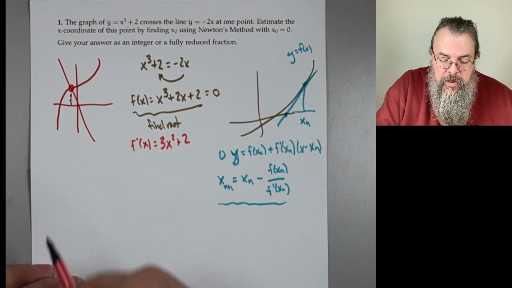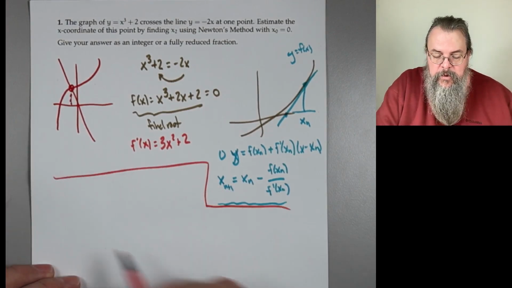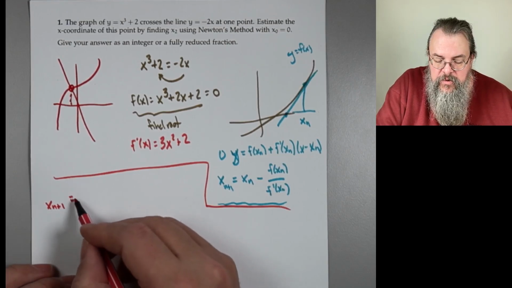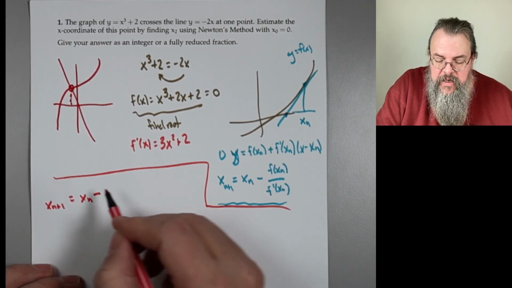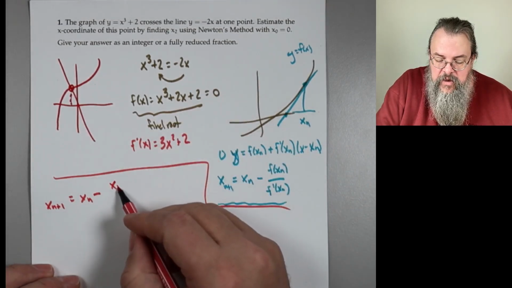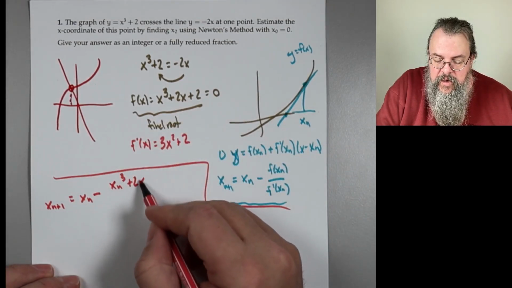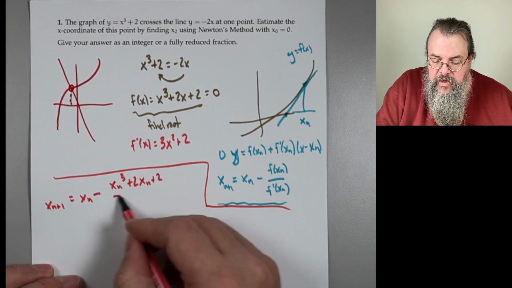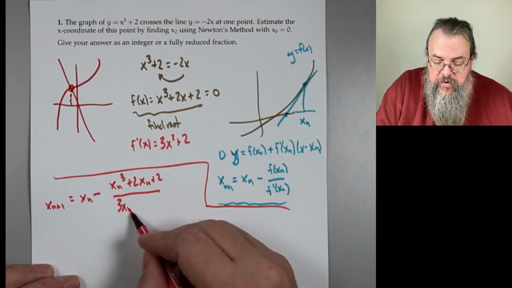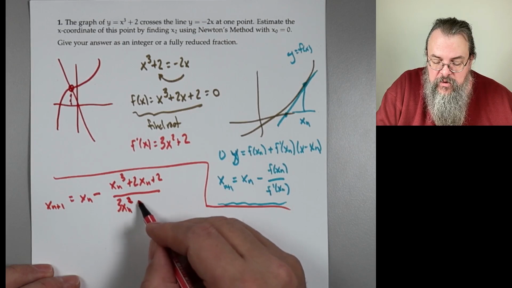So, we have our recurrence, xn plus 1 will be equal to xn minus, and f of xn, xn cubed plus 2xn plus 2, over f prime of xn, 3xn quantity squared plus 2.